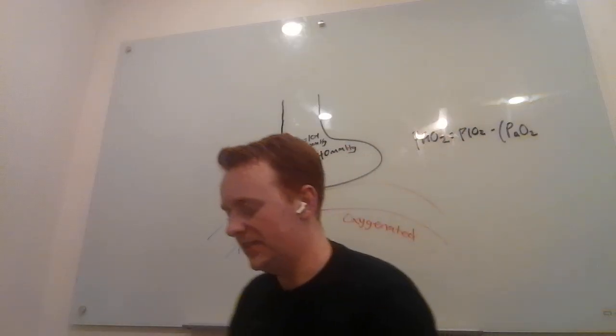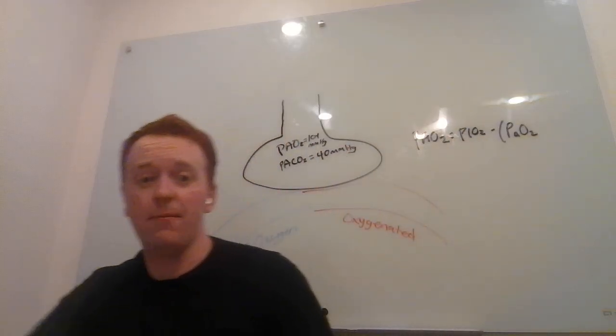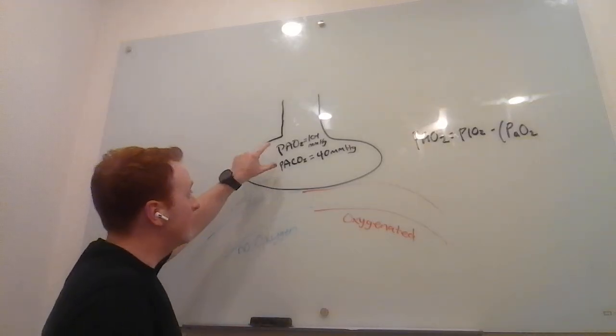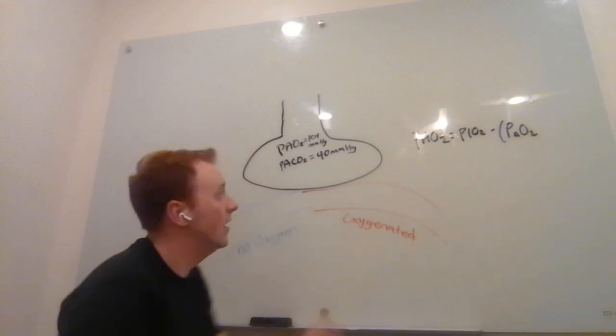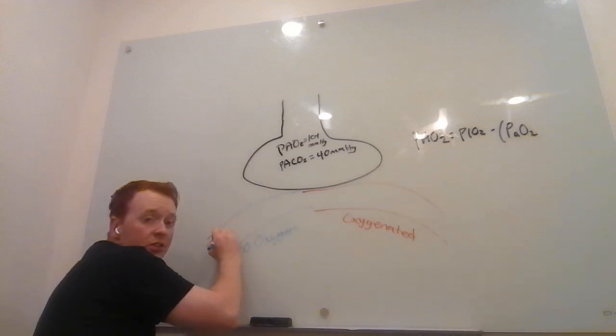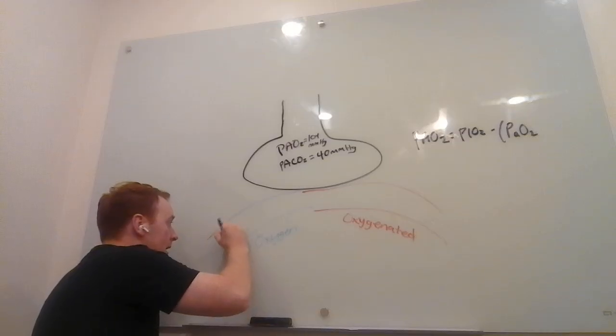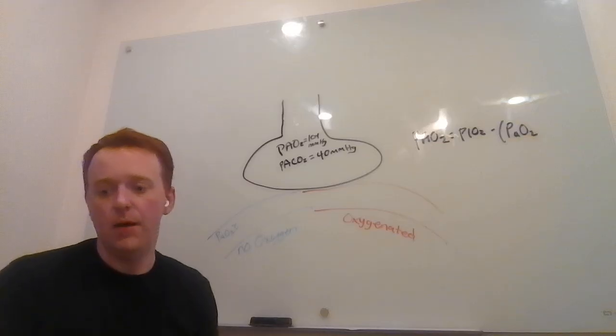So, I know this is kind of a lot of information, but we're going to draw this out. So, there's P big A O2, that's for alveolus. There's P little a O2, and that is the pressure inside of this non-oxygenated blood, PaO2. And that is normally about 40.